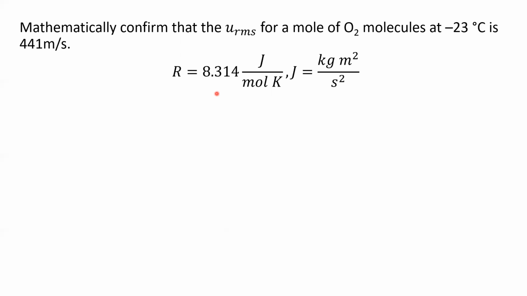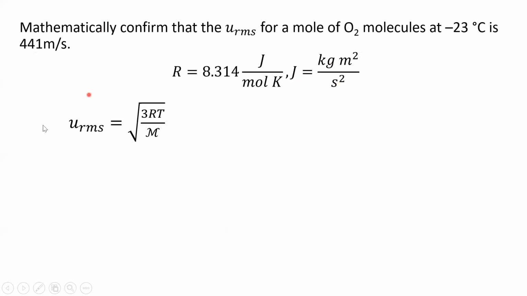And the reason for that is because a joule, which is incorporated into our R value, really equals a kilogram meter squared per second squared. And again, we're going to look at that in our whole problem. So the R value we're going to use is 8.314 joules per mole Kelvin, because a joule equals a kilogram meter squared per second squared.